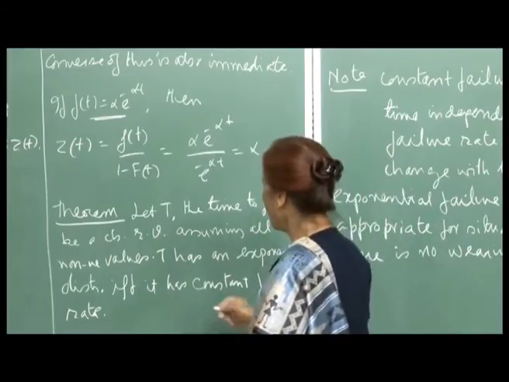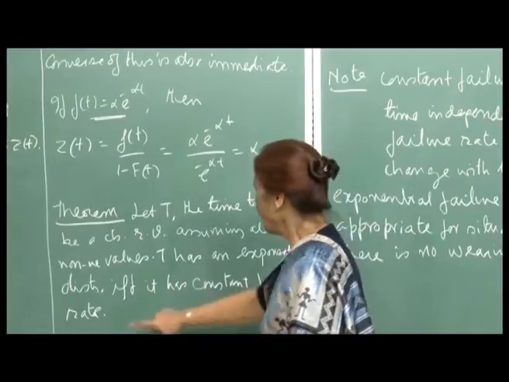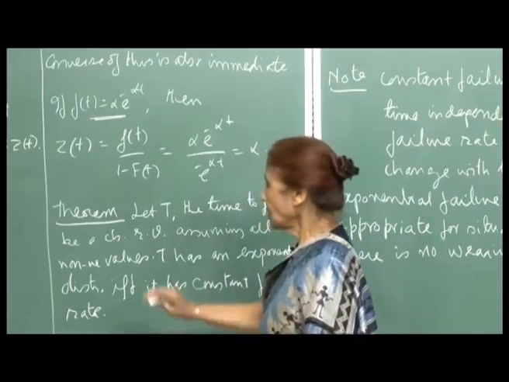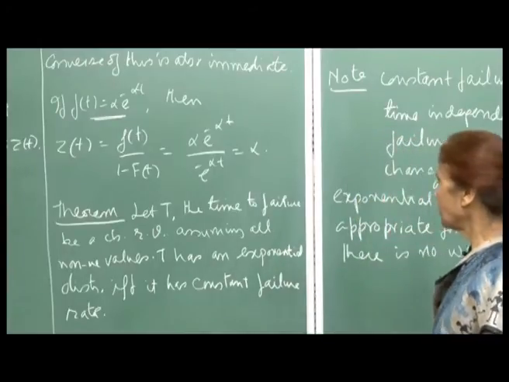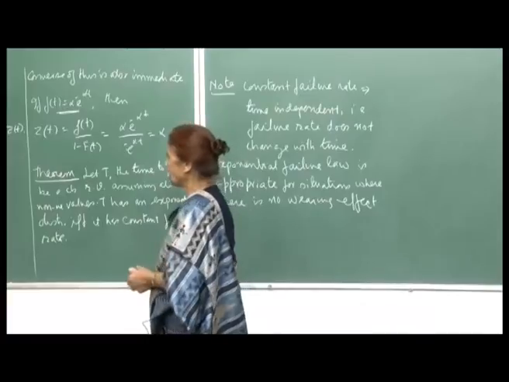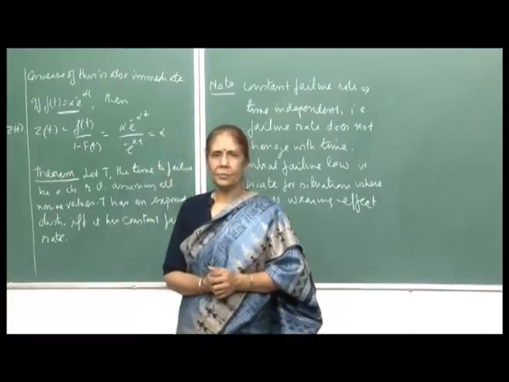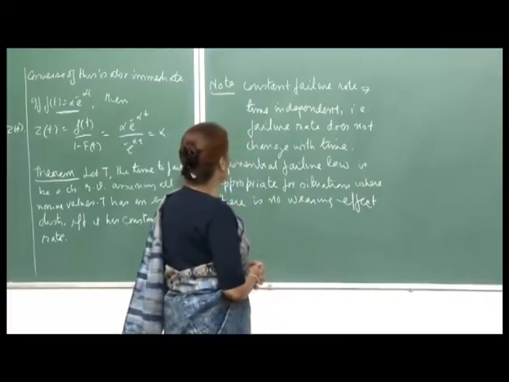Then T has an exponential distribution if and only if it has constant failure rate. This is a neat way to present the whole thing: there can be no other PDF which satisfies the condition that the corresponding failure rate is a constant. So, constant failure rate would always mean exponential PDF.